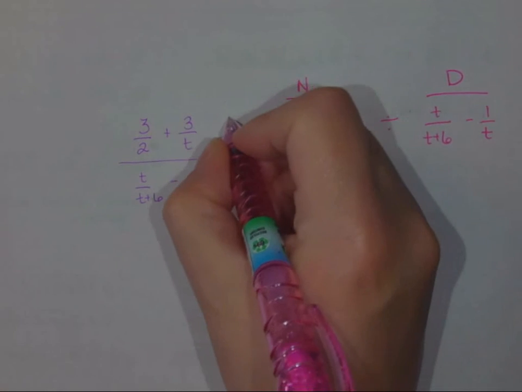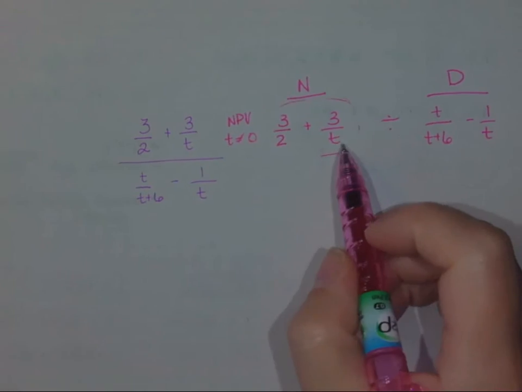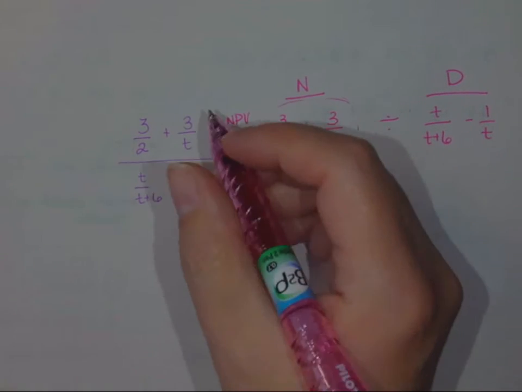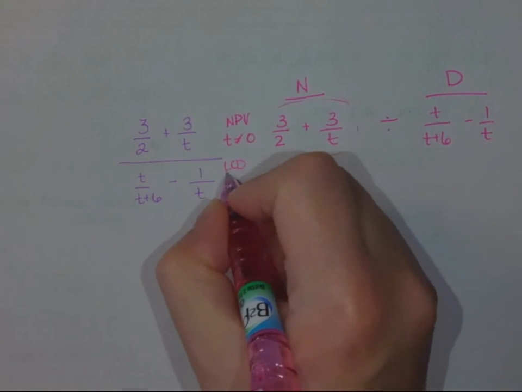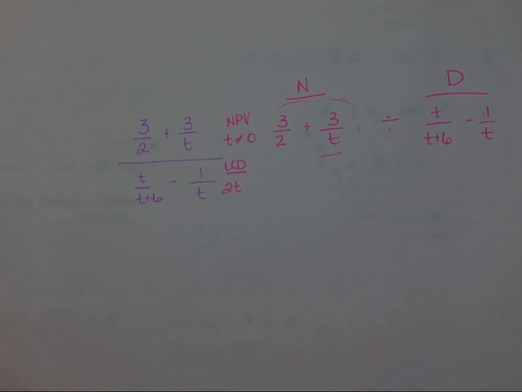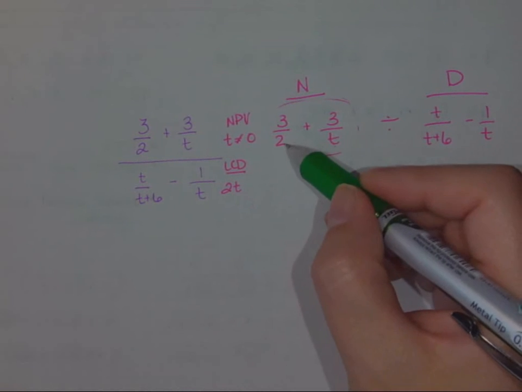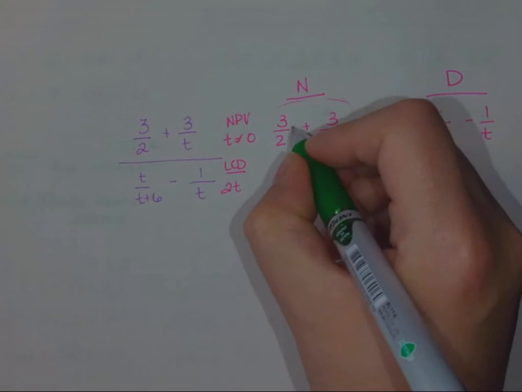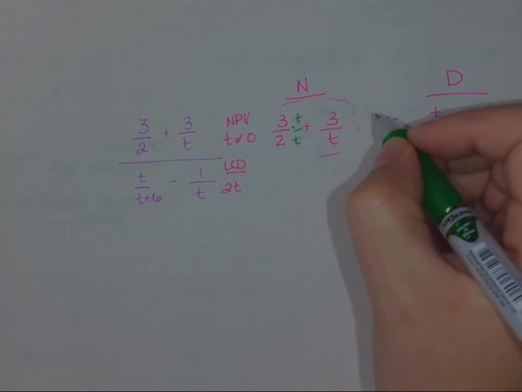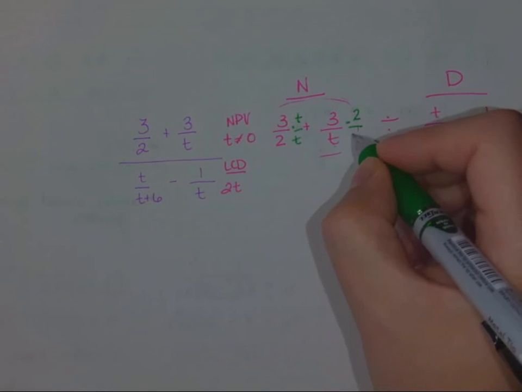My NPV for this side is t cannot equal 0 because there's just a single t there. My LCD for this side is going to be 2t. If my denominator is 2t, I'm missing t out of the first one, so I times it by t over t. In the second one I'm missing the 2, so it's 2 over 2.